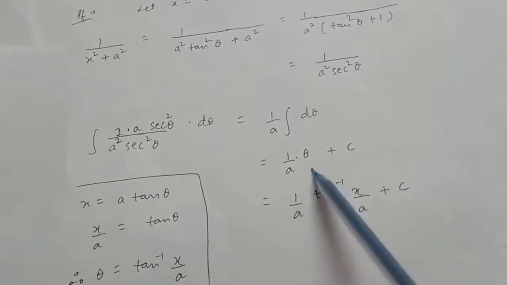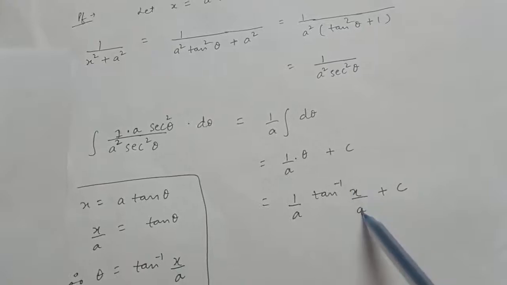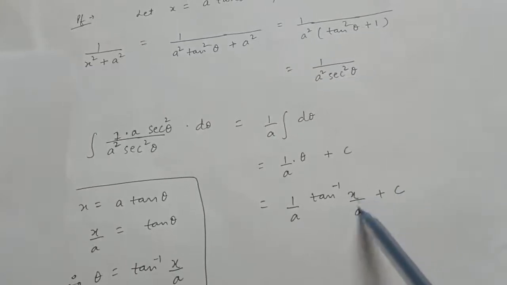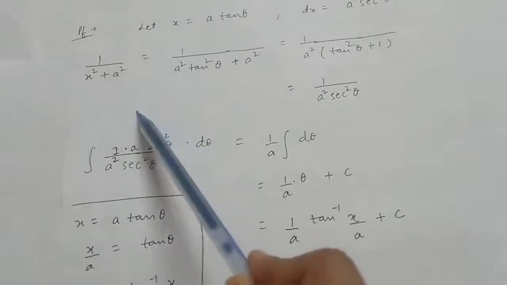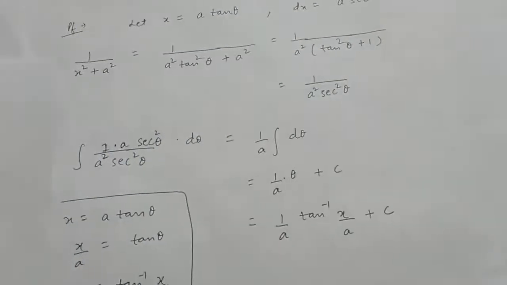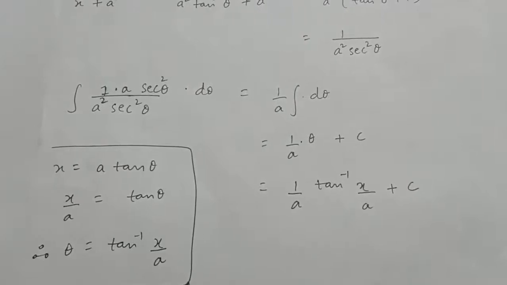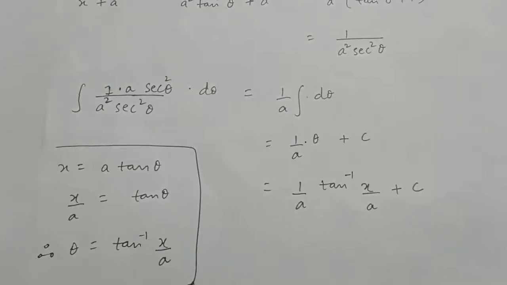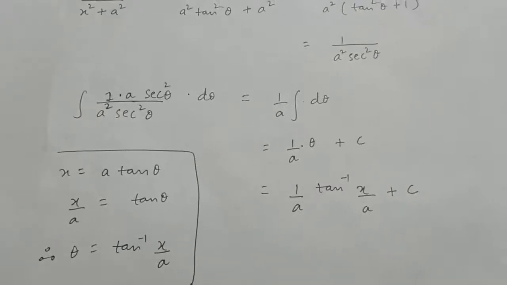So in place of theta, write down the value: 1 by a into tan inverse x by a plus c. So this is the integral value of 1 upon x square plus a square. The proof of these integrals never comes in the paper, so do not learn the proofs. These are just for your understanding only.